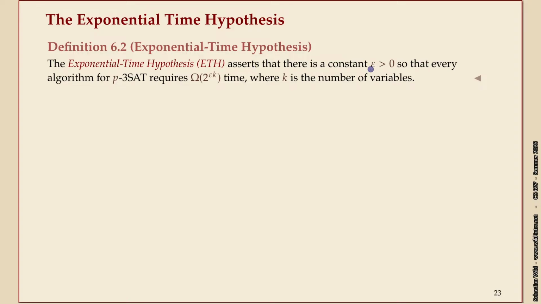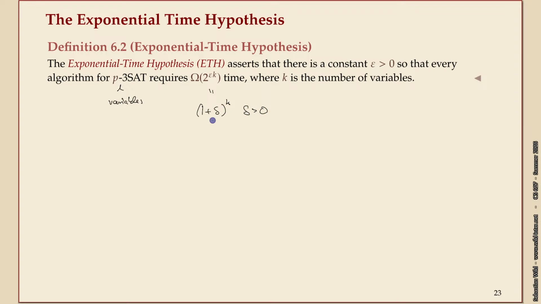It asserts that there is a constant epsilon, so that every algorithm for 3-SAT, where it's parameterized by the number of variables, I guess it says what k is. I wish I had said p variables 3-SAT. So every algorithm for the 3-SAT problem requires some time 2 to the epsilon k. In other words, there is some 1 plus delta, and delta is greater than 0.